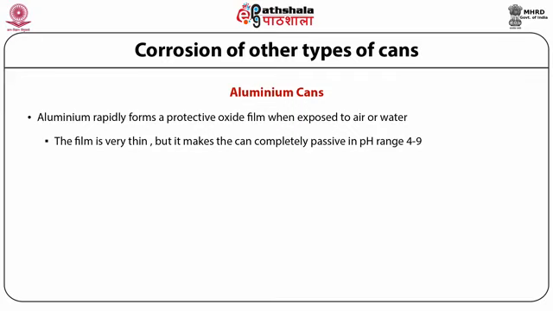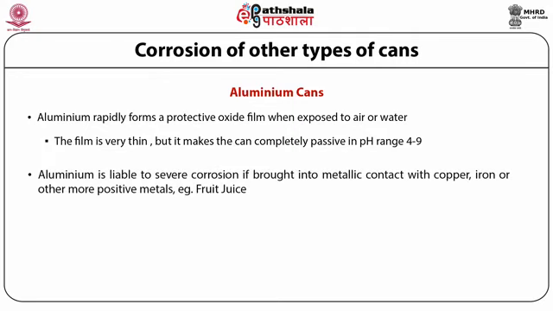Having a strongly negative electrode potential, aluminum is liable to undergo severe corrosion if brought into metallic contact with copper, iron, or other more positive metals in the presence of an electrolyte, for example, fruit juices. Thus, care must be taken to ensure that situations which could lead to such corrosion are avoided.